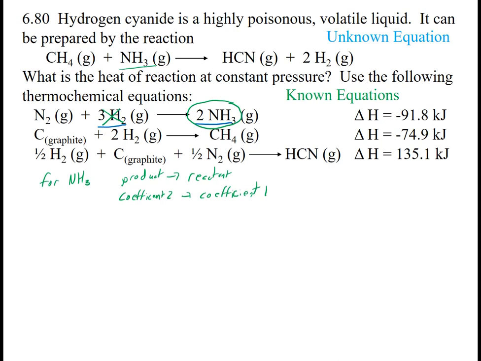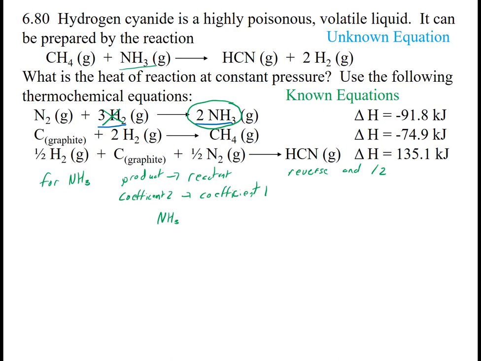I need these to stack up. So I'm going to reverse this reaction, which means the product becomes a reactant, and I'm going to divide by 2. So I'm going to reverse and divide by 2. You can do it as 2 different steps, but I'm going to do it as 1. So 2 divided by 2 is 1, so I have NH3.